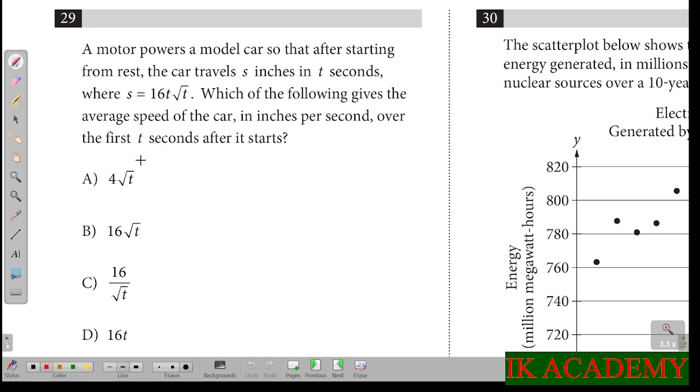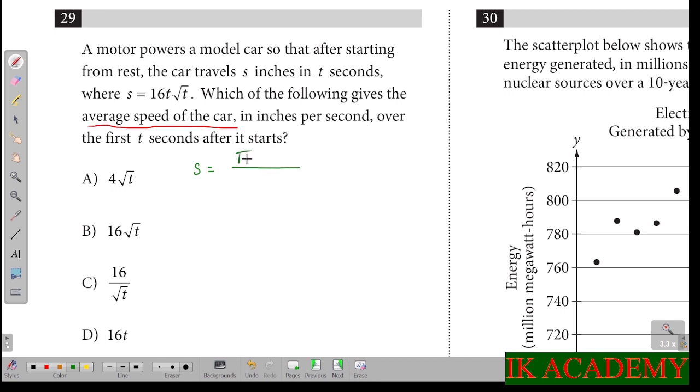So the average speed can be found by dividing total distance by total time. So we want to find the average speed of the car, and we can find the average speed of the car if we divide the total distance by the total time.